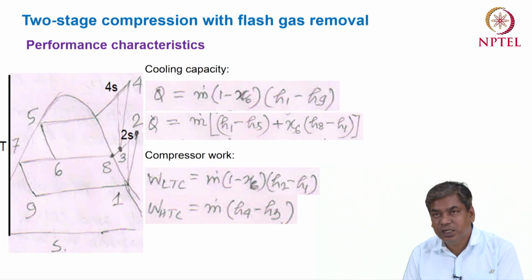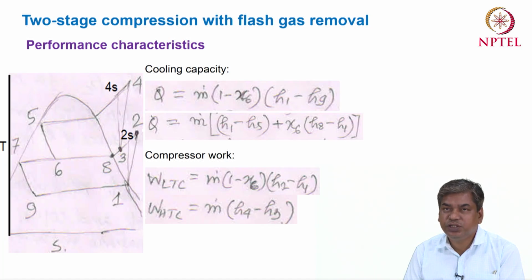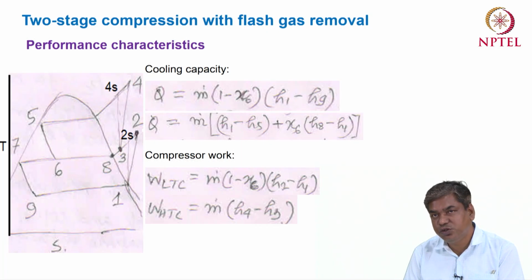But if we compare with the basic cycle, for the same mass flow rate, if you extend the process 1 to 2 up to, let's say, 4 dash, then the work m dot into h4 dash minus h1 is always higher compared to the second compressor work, because the slopes of the isentropic lines are different for both cases.